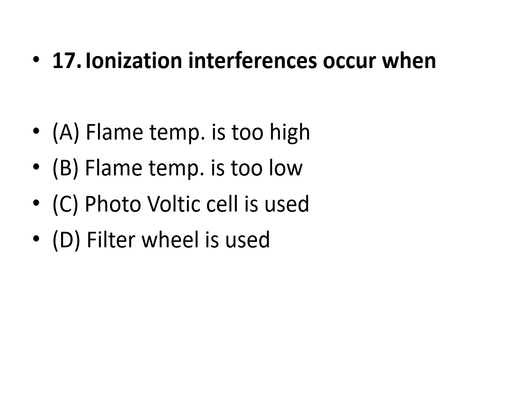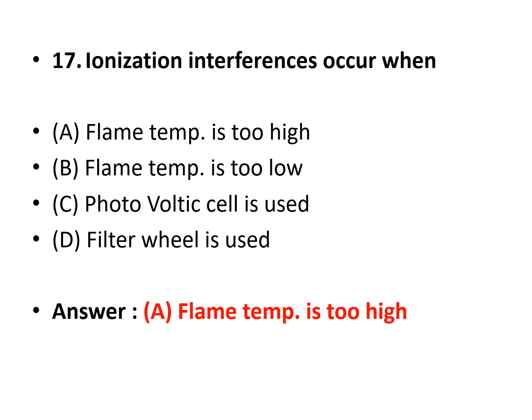In atomic absorption spectroscopy, we need to have ground state gaseous atoms, and when we use a flame of high temperature, the phenomenon of ionization can happen. So there may be formation of ions which may generate interferences. So I think A, flame temperature is too high, could be the right option. When flame temperature is too high, there are the chances of ionization interferences.